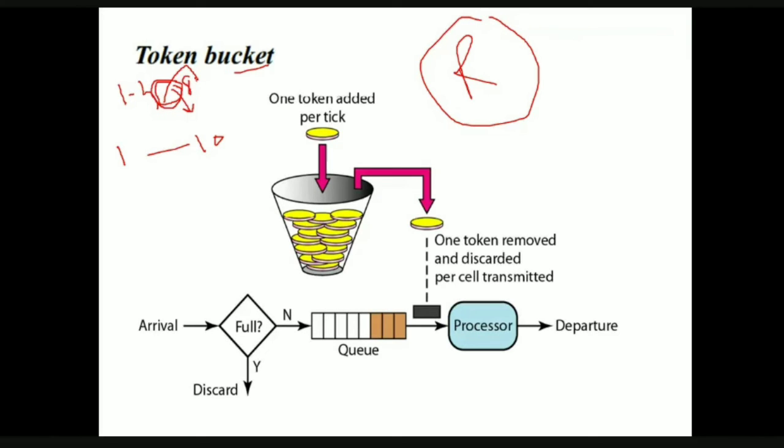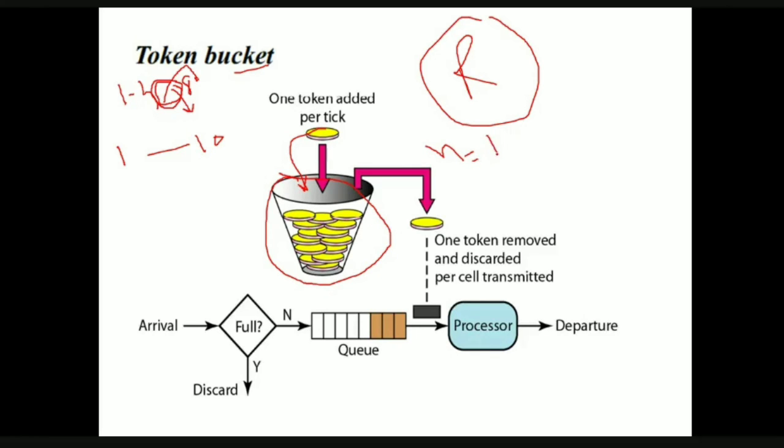Don't worry. Okay, so if you see here, for each tick of the clock, the system is going to send n number of tokens. Okay, so this is our bucket. So one token is added per tick. Okay, for one tick, we are going to add one token. That is, here n is equal to 1.